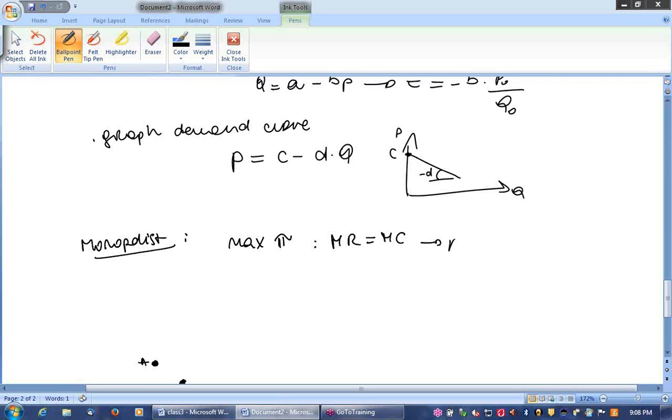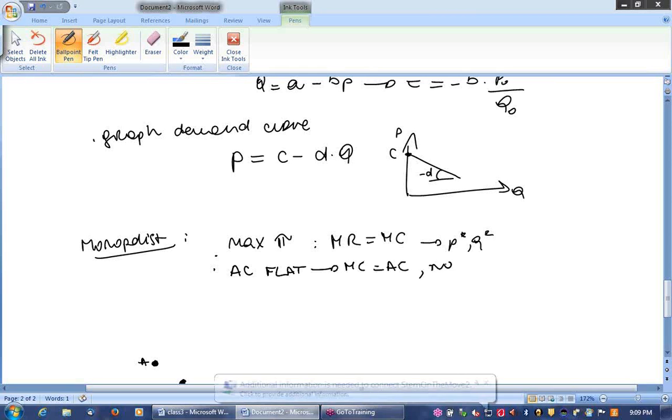Then you can find the optimal price and quantity. Whenever the problem gives you only the average cost but says that the average cost is flat, this means that the marginal cost is equal to the average cost, and there are no fixed costs.